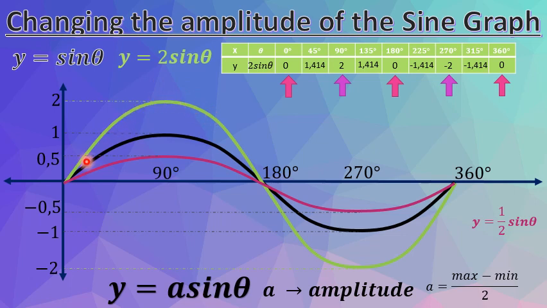Let's quickly try it for the big green graph. If we say the maximum value of 2 minus the minimum value of negative 2, 2 minus negative 2 gives you 2 plus 2, which is 4. Divide that answer by 2, and you end up with 2. And that is the A value, the amplitude value in front of the sine theta.